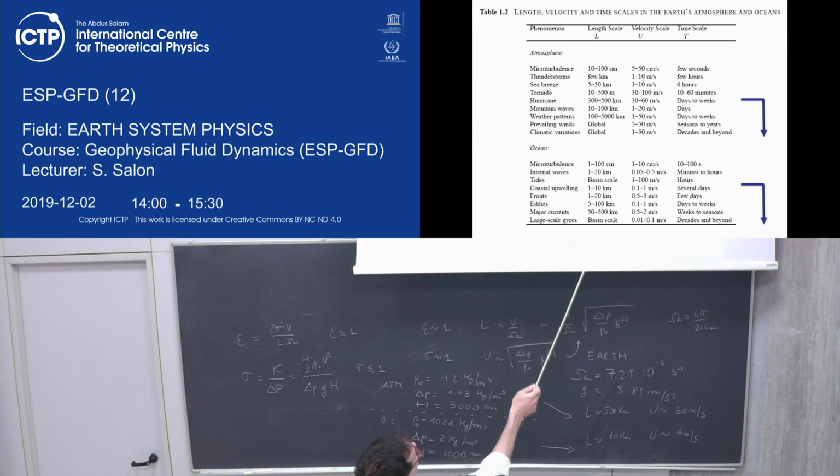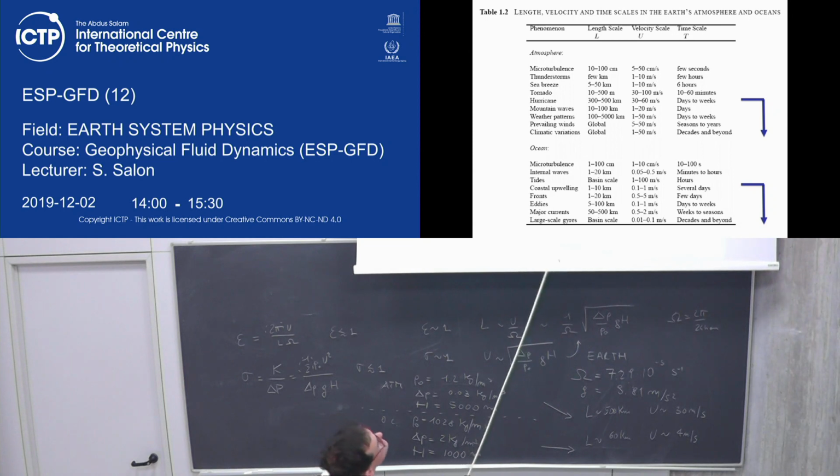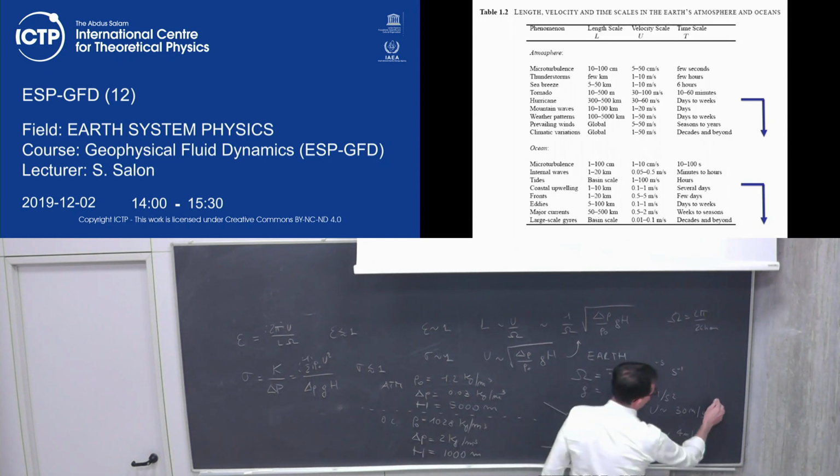And of course, we are inside the time scale. If we look at the ocean, we are about 60 kilometers. So here, major currents, days to weeks to seasons. Okay? So we can roughly say that this is called mesoscale.